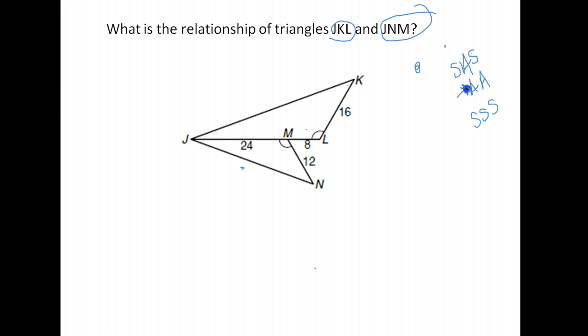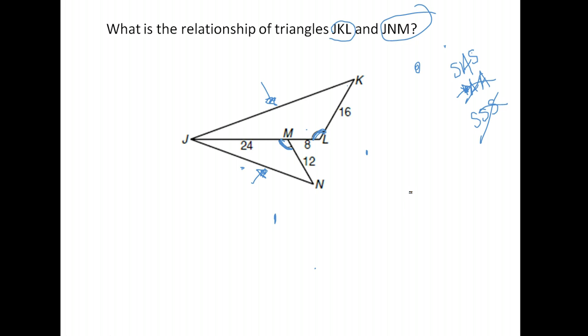For angle, angle, we would need two pairs of congruent angles, and right now we only have one pair of congruent angles. To use side, side, side, we'd need the lengths of all three sides of both triangles, and notice we don't know the length of this side, and we do not know the length of this side. So they can't be similar by either of those reasons.